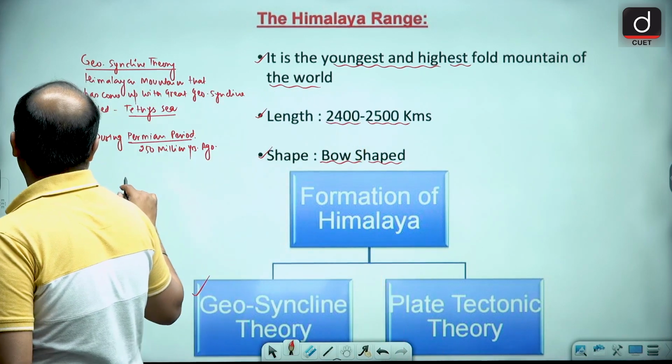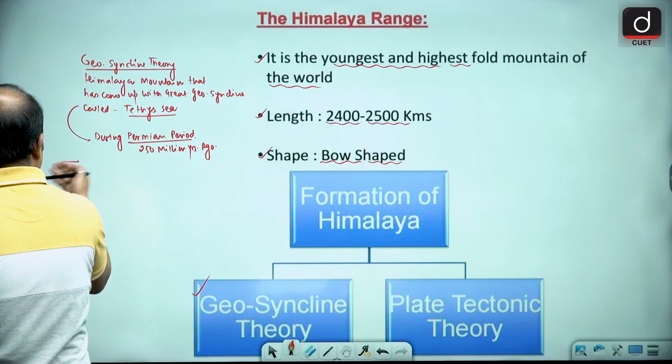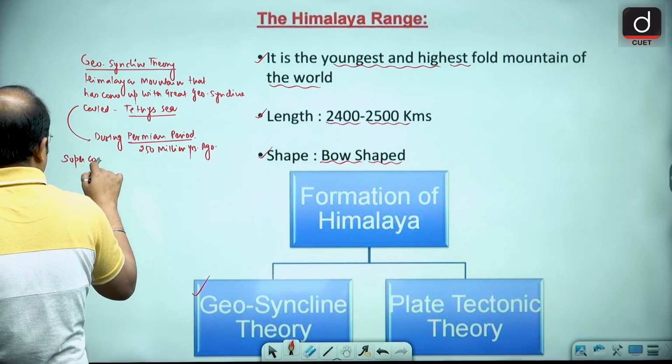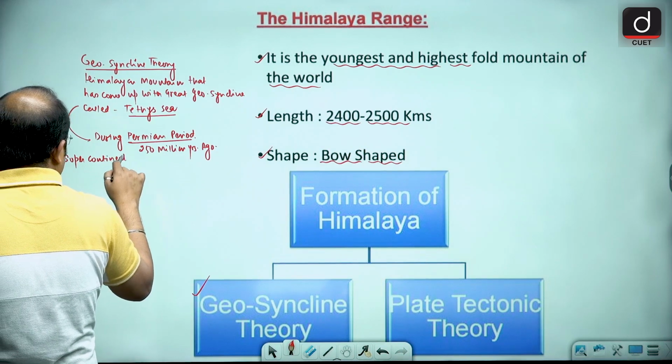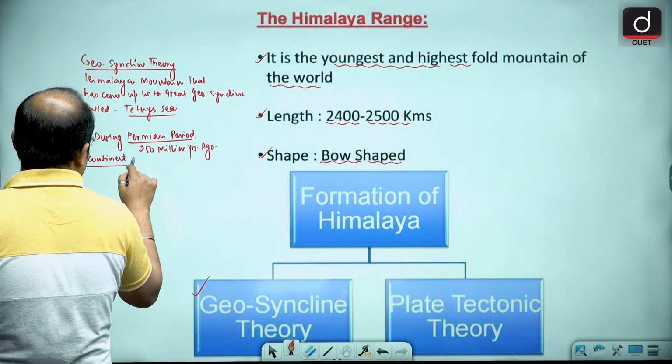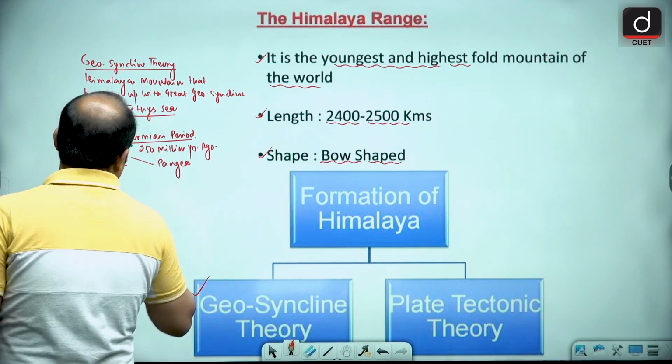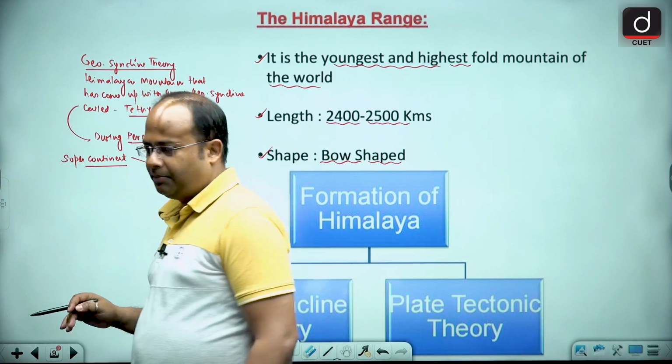During the Permian period, there was a supercontinent, and this supercontinent was called Pangaea.